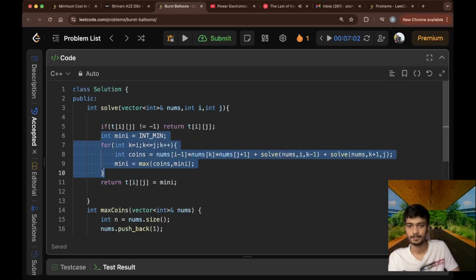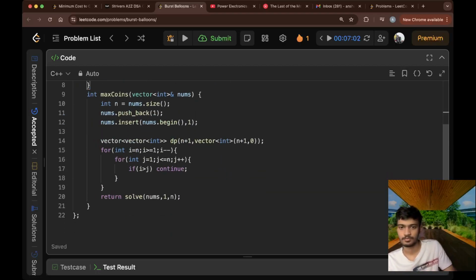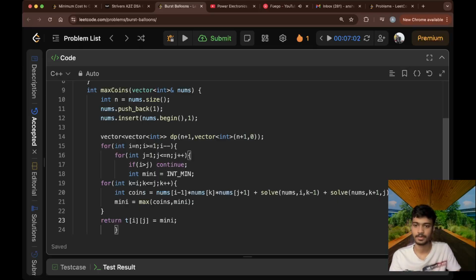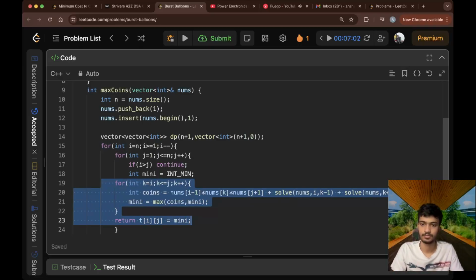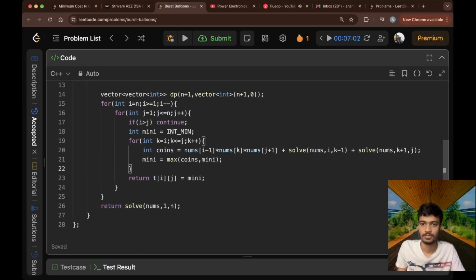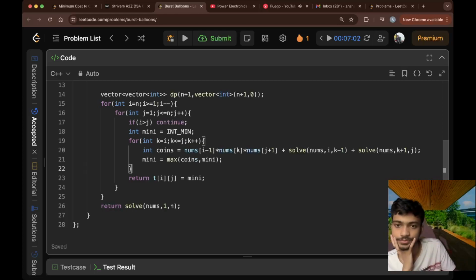So mini is int min. Solve dp of i and k minus 1.